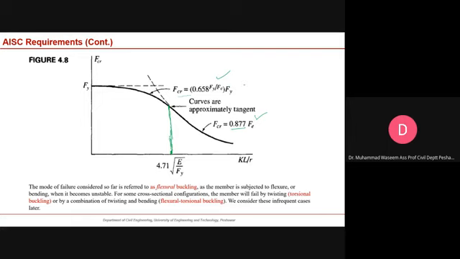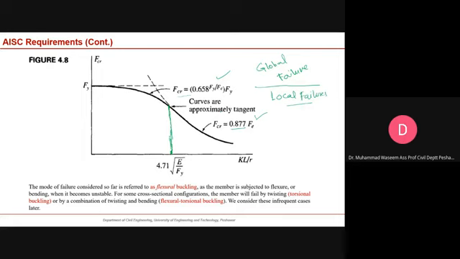One thing to remember is that this is about the global stability, representing the global failure. But as I told you, in steel structures we also have local failures, and this local failure can also occur in compression members.